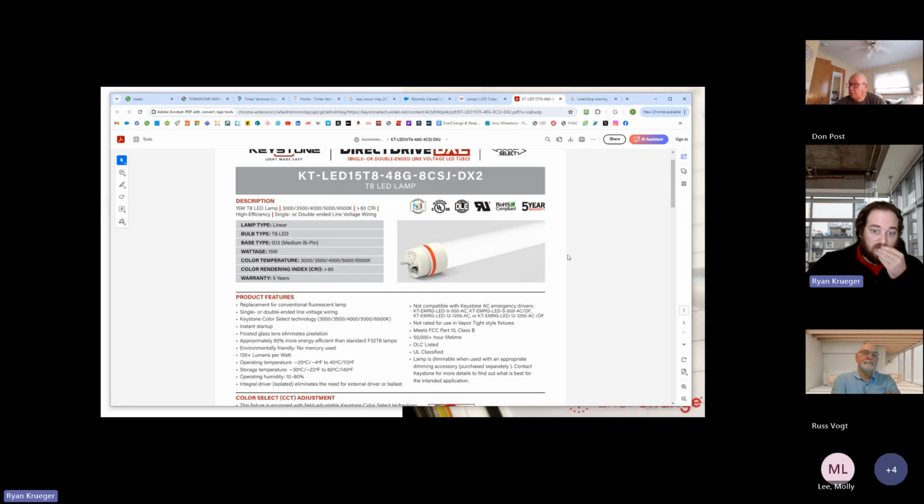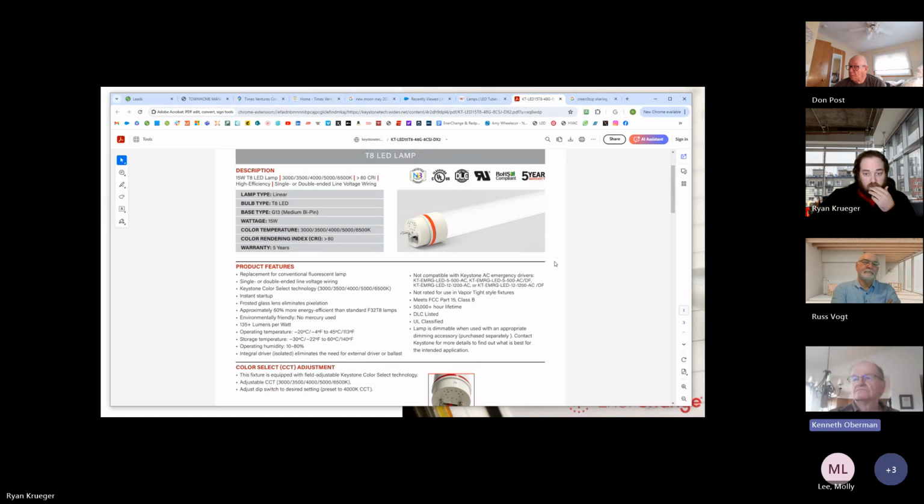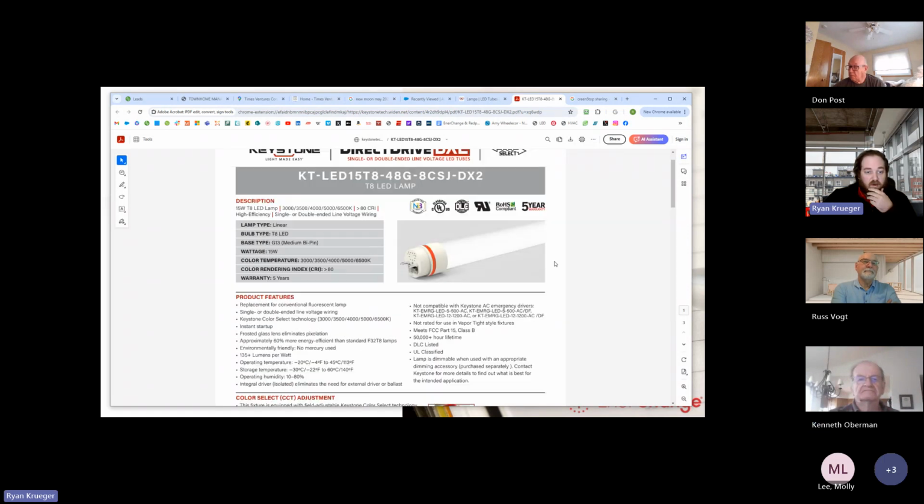There are certain applications where it just maximizes your rebate dollar value. Lamp type, it's a 4-foot linear tube. Bulb type, it's a T8 LED. The base, which is a medium bipin, is the G13.